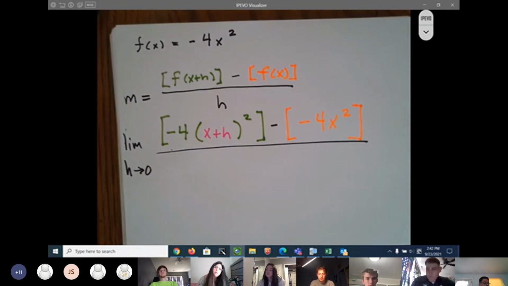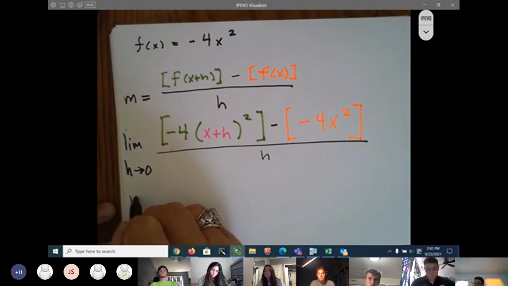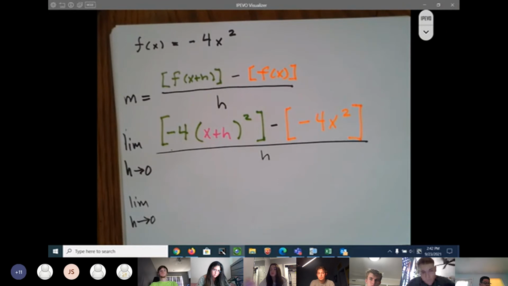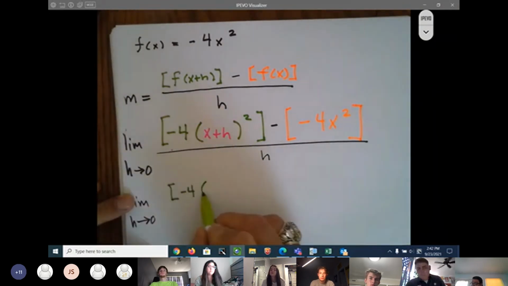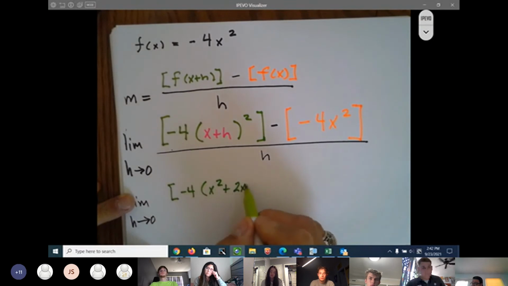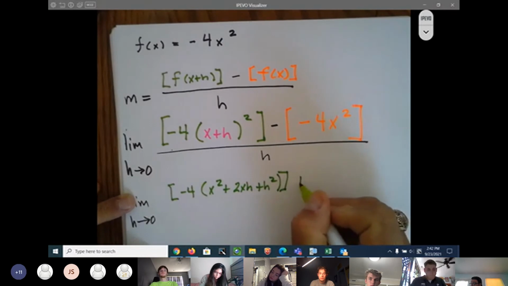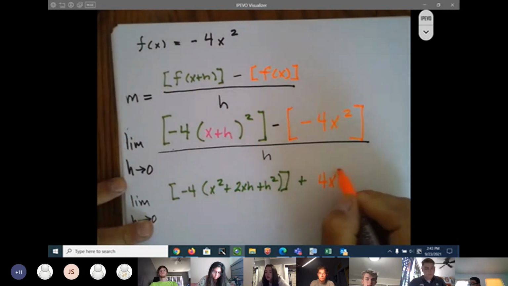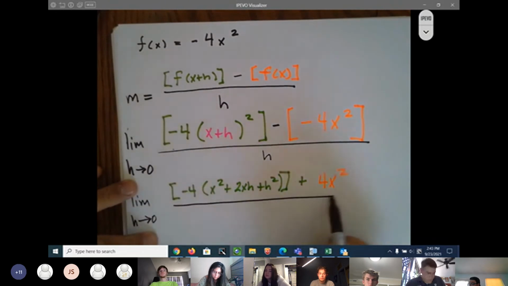Now we're going to do the algebra. Limit as h approaches 0 of negative 4 times x squared plus 2xh plus h squared, plus 4x squared, all over h.